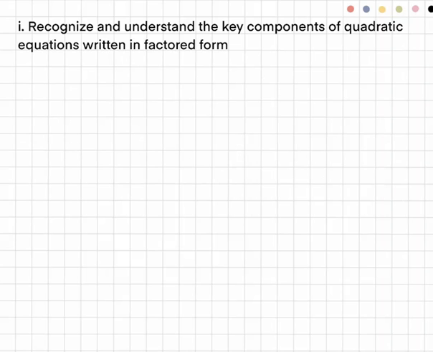So let's talk about the key components of a quadratic equation when it's in factored form. y equals a(x minus r)(x minus s). So what exactly does this mean?